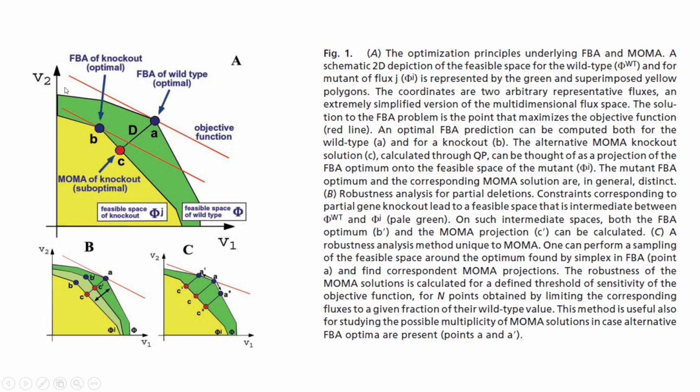So this is your wild type space. This is your mutant space. You have an optimal solution with the help of the objective function. Then you project this onto the wild type space, a knockout space, and also in the knockout space you have a point which is the optimal solution according to the objective function.